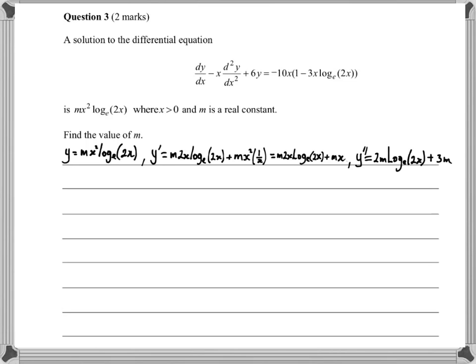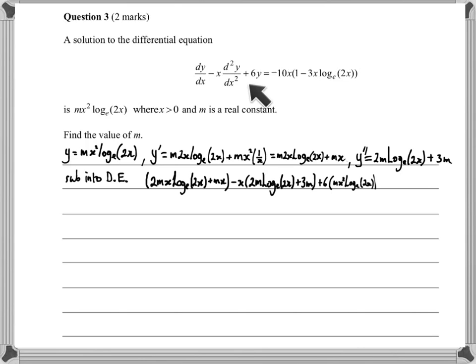And let's now substitute them into our differential equation. There's dy dx minus x times the second derivative plus 6 times y. Okay, and we only need to do that into the left hand side for now. Let's simplify that.